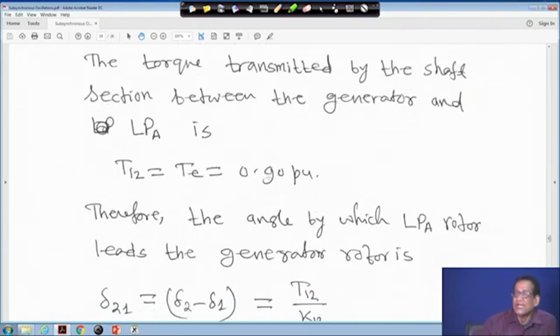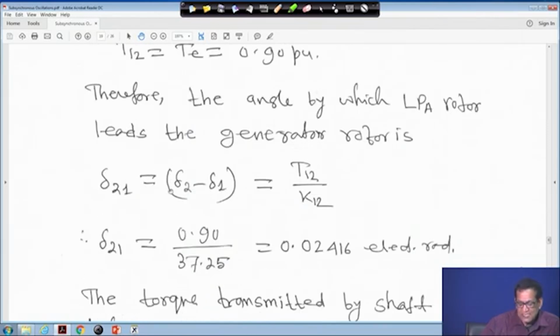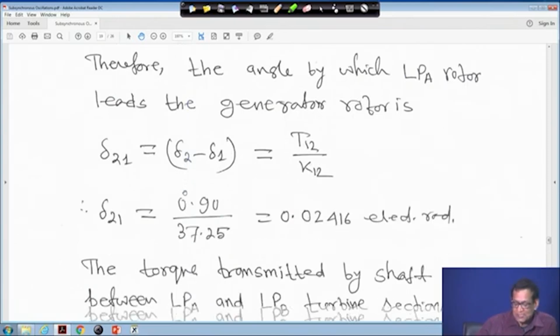Therefore, the angle by which the LPA rotor leads the generator rotor is delta 21, that is delta 2 minus delta 1, is equal to T12 upon K12, because we know T12 is equal to K12 into delta 2 minus delta 1. Therefore, delta 21 will be 0.9 divided by 37.25. So, it will become 0.02416 electrical radian.